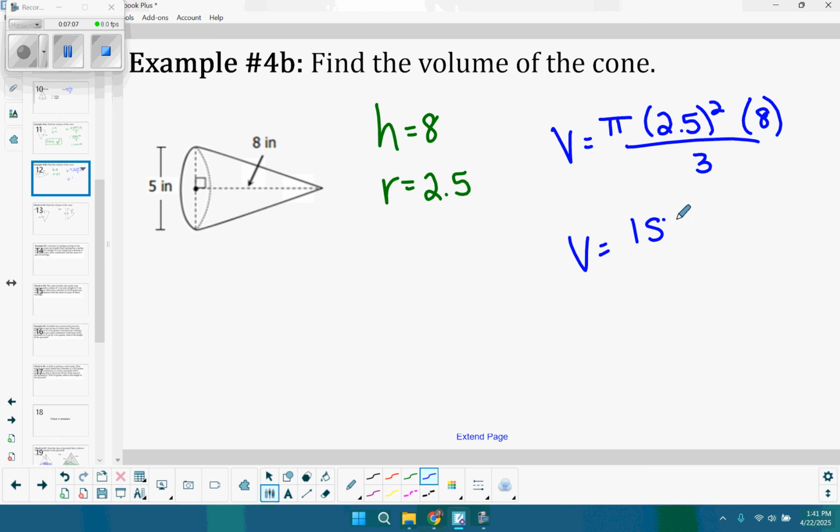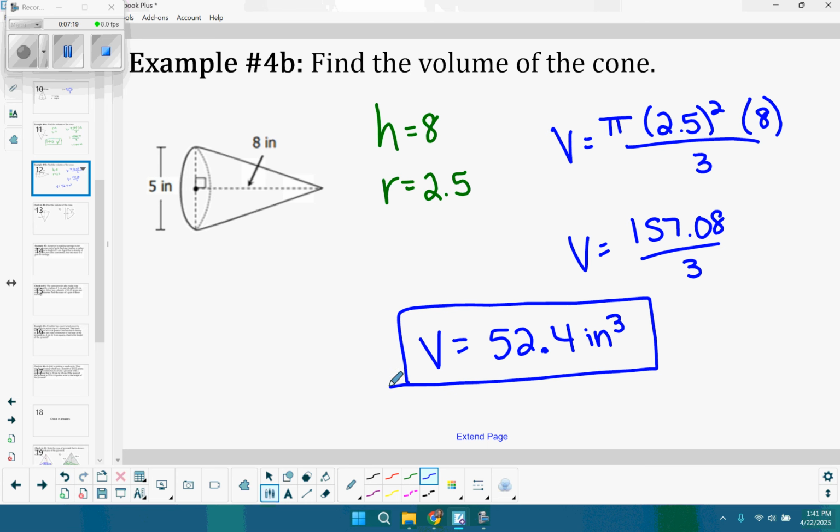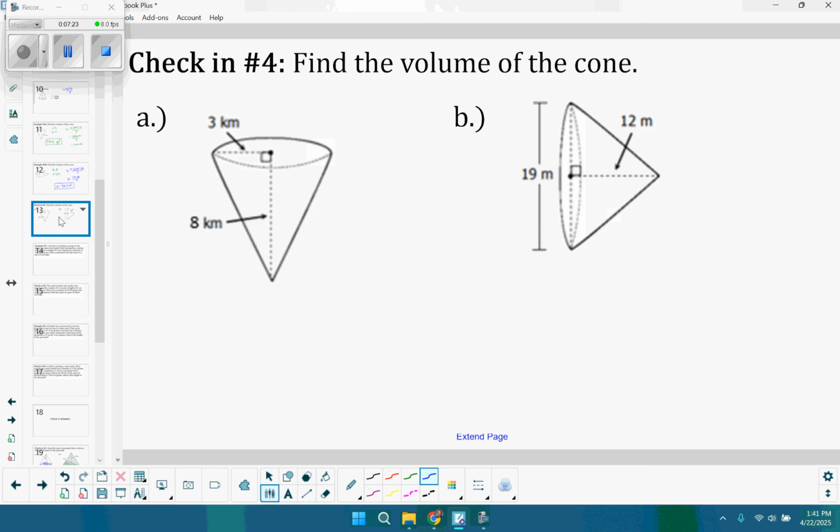So I have 157.08 over 3. So my volume would be 52.4 inches cubed. So there's 2 here for you to try. You can pause. Answers are posted on Google Classroom.